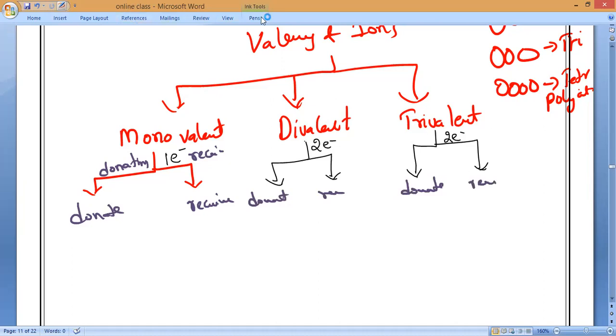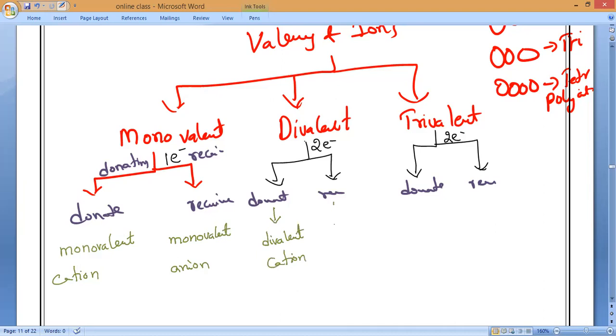Clear? Now, one electron is donating. Please be very careful. It is called monovalent cation. Same way, one electron is receiving, what is to call? Monovalent anion. Two electrons are donating, divalent cation.